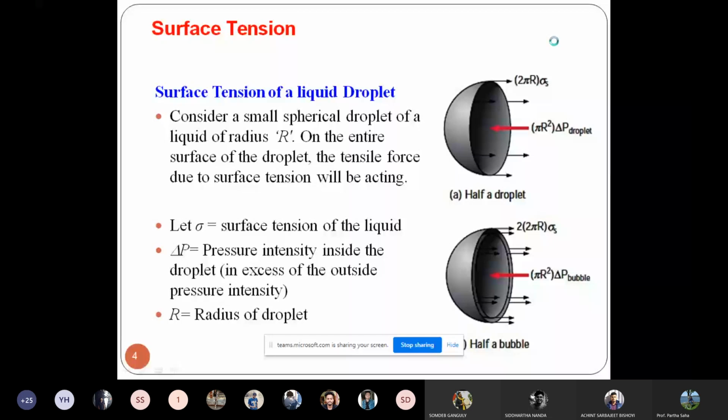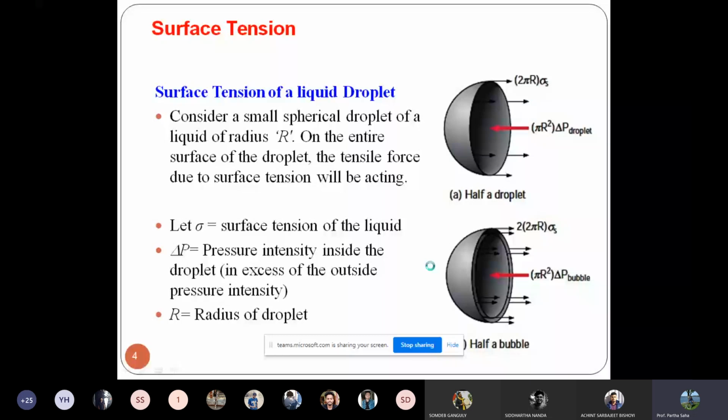Another is the pressure, the outside pressure or the atmospheric pressure, which is trying to balance that tensile force such that it will not expand or contract depending upon which way the surface tension is acting. So the surface tension force here, you can see these black arrows. This black arrow is the surface tension force which is acting on the circumference, and the expression is given.